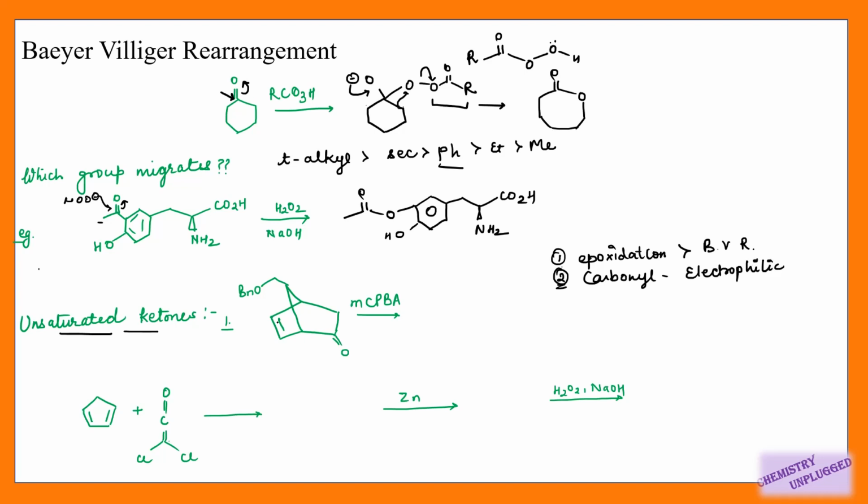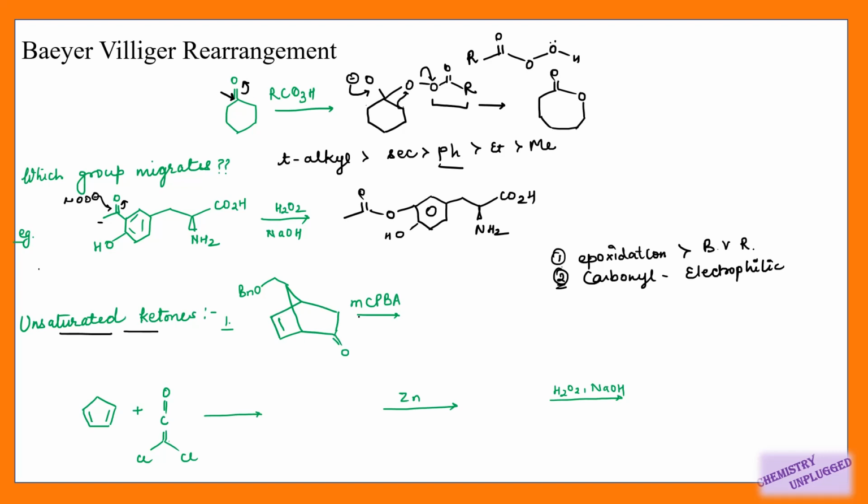Epoxidation is due to the nucleophilic nature of this double bond, and Baeyer-Villiger reaction is due to the electrophilic nature of this carbonyl carbon, because the first step is the attack of this electron rich oxygen on this electrophilic carbon. So if our carbonyl group is more electrophilic than the nucleophilic nature of this double bond, then Baeyer-Villiger reaction will get more preference. And if this double bond is more nucleophilic than this carbonyl carbon, then epoxidation will get more preference, right?